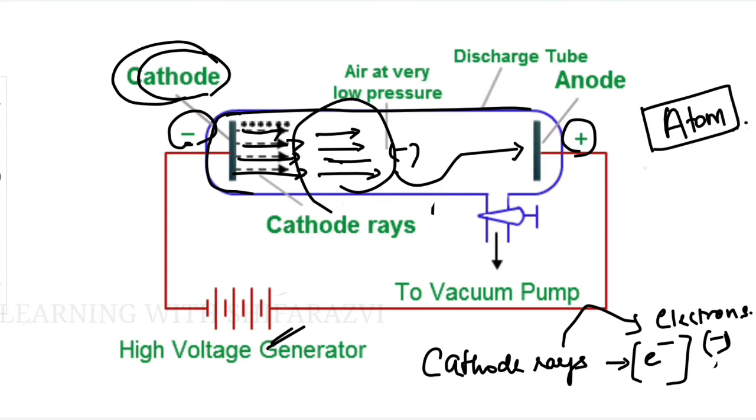So if there is a negative charge, there is going to be a positive charge also. This negatively charged particle in an atom is called the electron, and the positively charged particle in matter is called a proton.